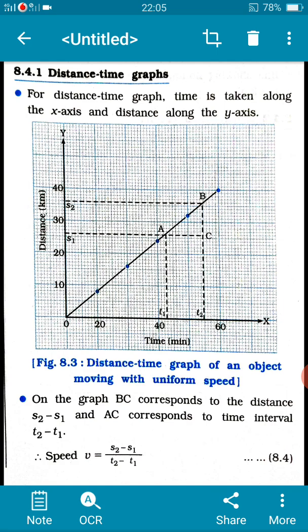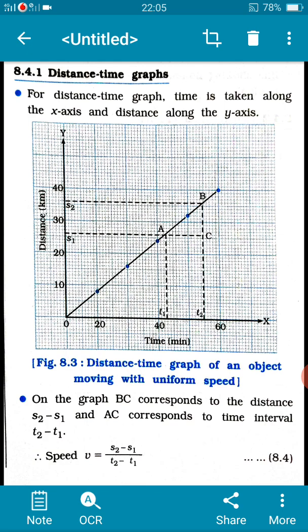Now, how can you find out the speed? You know that speed is equal to distance travelled upon time taken. So here the distance travelled is S2 minus S1, the time taken is T2 minus T1. Therefore, speed V can be calculated as S2 minus S1 upon T2 minus T1 from the graph.